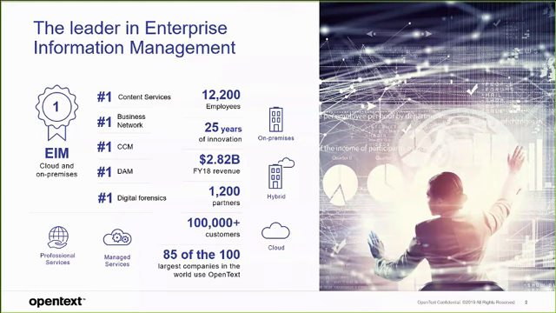Before we get started, a quick introduction about OpenText for those who are new to it. OpenText has been in the software industry for over 25 years now and is a leader in enterprise information management space. OpenText is also a leader in key areas of information flow such as enterprise content management, business networks, data asset management, as well as security, digital forensics, e-discovery, and analytics.